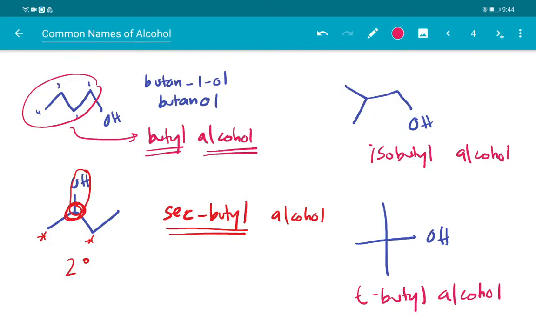So please take note of the position of the OH and its attachment to the carbon chain. As you can see here, isobutyl alcohol is a primary alcohol, tert-butyl alcohol is a tertiary alcohol, while sec-butyl is secondary, and butyl alcohol is a primary alcohol.